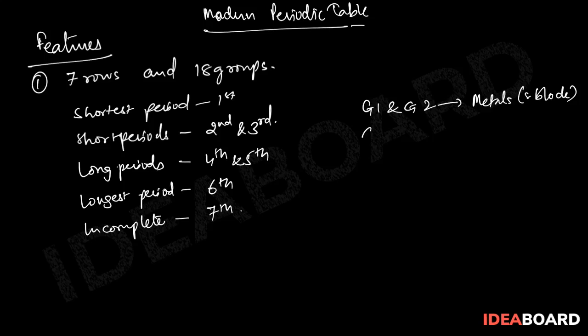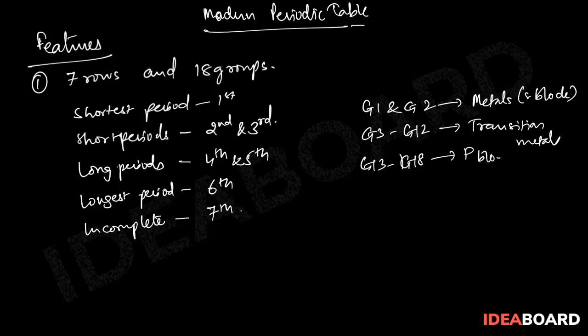Then we have group 3 to group 12, transition metals. Then we have group 13 to group 18, the P block, which contains non-metals and metalloids.